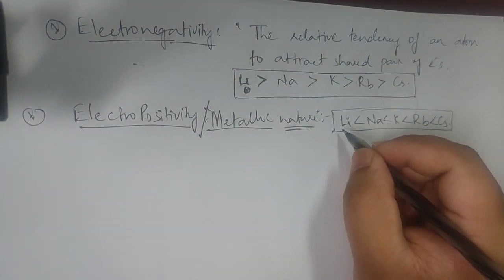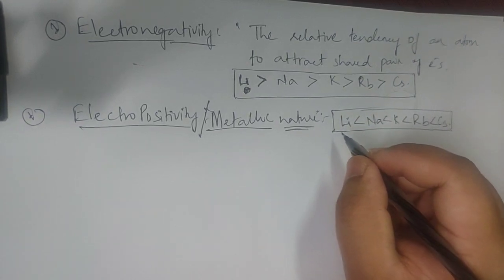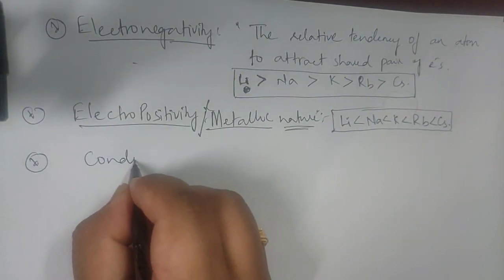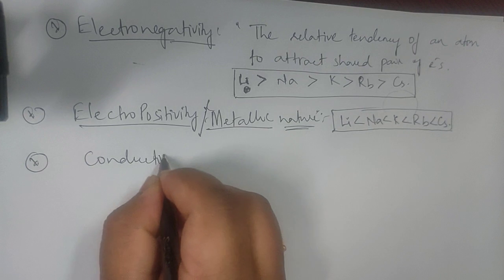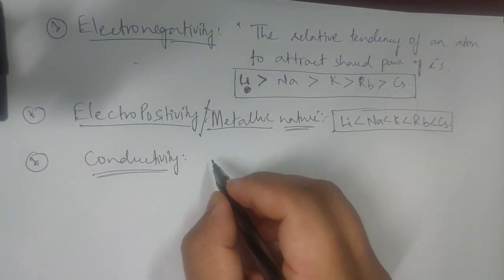Just now we have also said that lithium is more of a covalent compound, covalent nature, right? So remember that. Then conductivity. Conductivity of a species is always dependent upon the mobility of electrons.